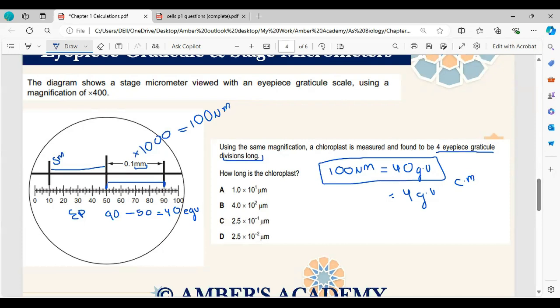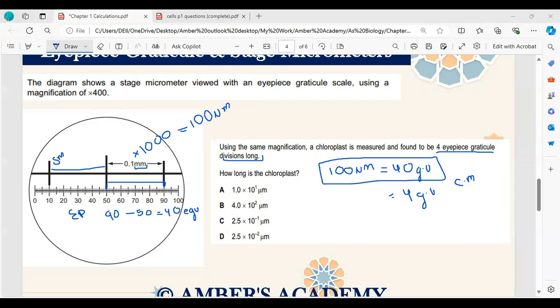I'll also write the proper answer over here by using a calculator. 4 multiplied by 100 should be 400.